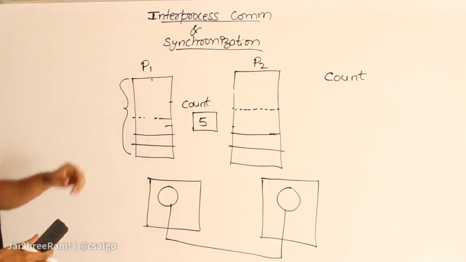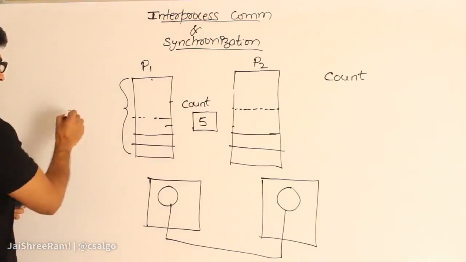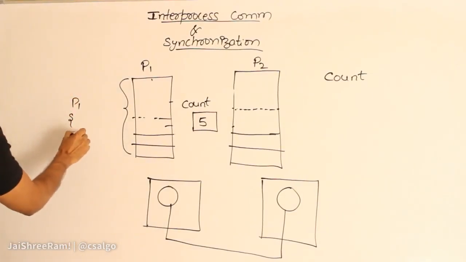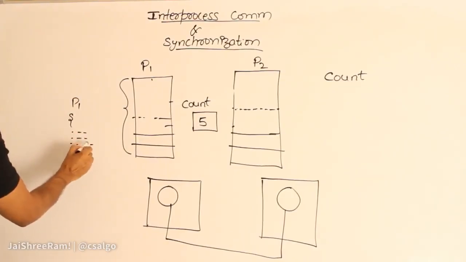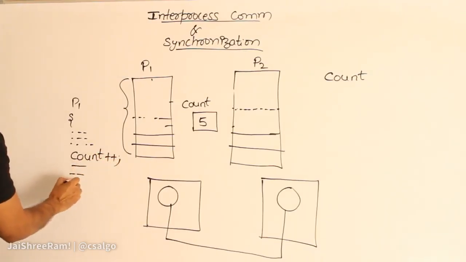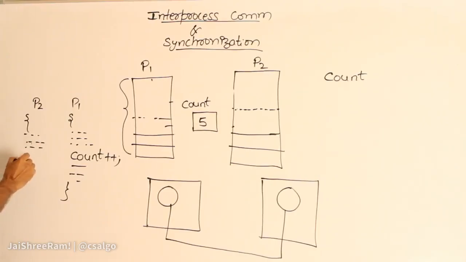In P1 the code is such a way that it wants to do like this. Let me say the code of P1 is like this. There is something here, and at some point P1 wants to do count plus plus, and now P2's code is such a way that P2 wants to do at some point in its program count minus minus.